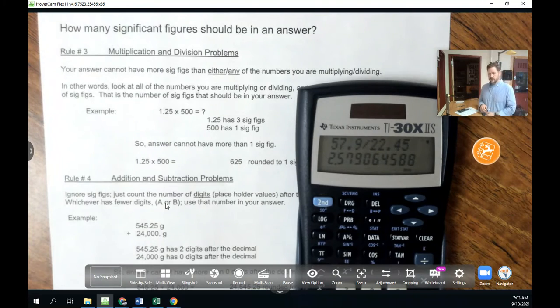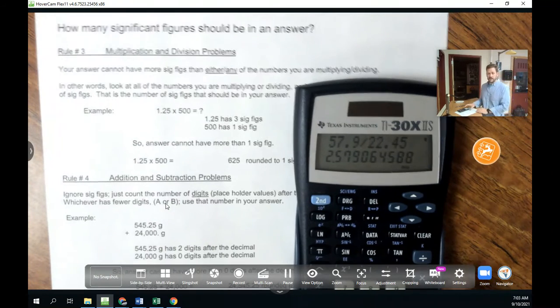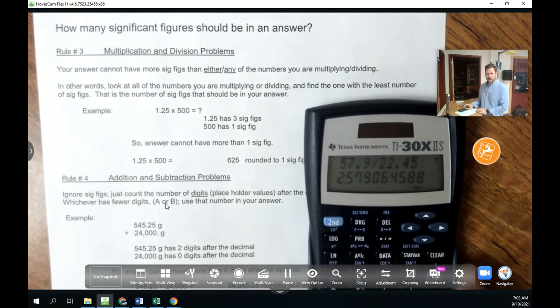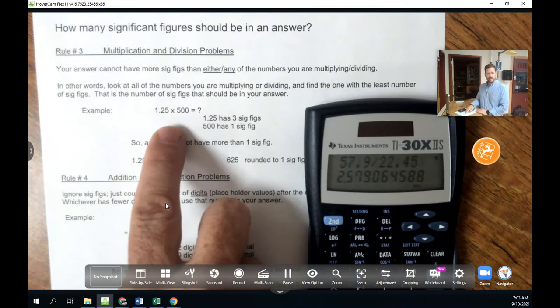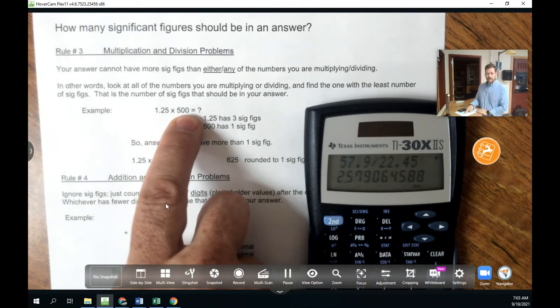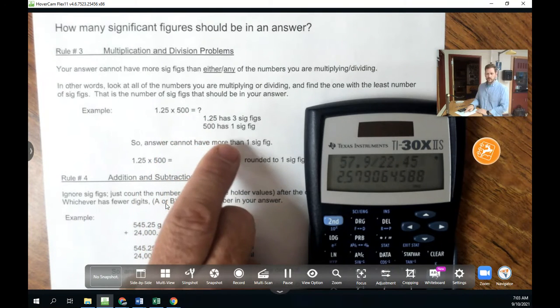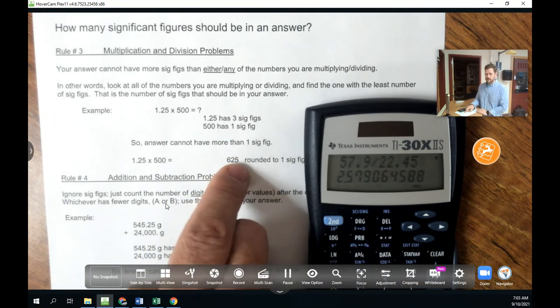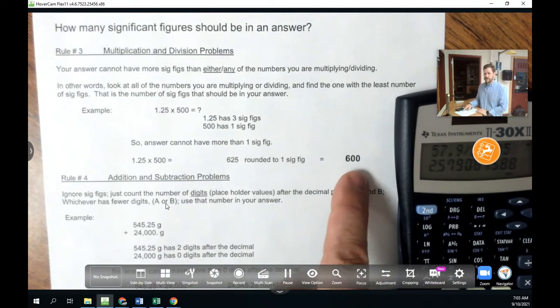In other words, whichever one of the numbers we're working with is less precise, the one with fewer significant figures, that's the one that's limiting our answer. You can see the example that's given here has one number with 3 sig figs and another one with 1. When I do this multiplication, my answer cannot have more than 1 sig fig, and so I'm going to round that to just 1 significant figure.